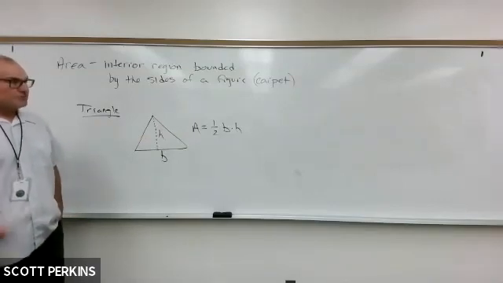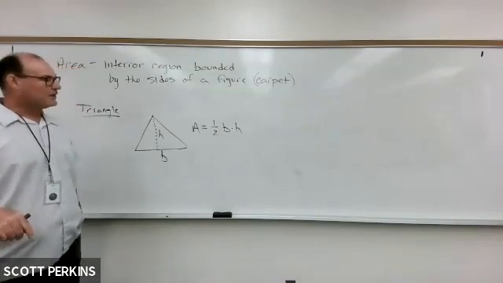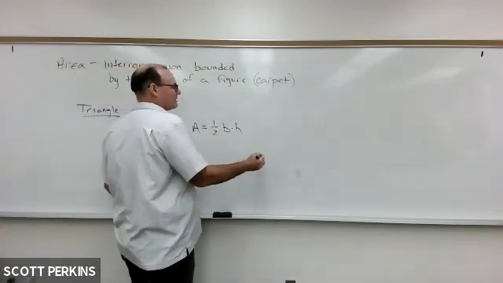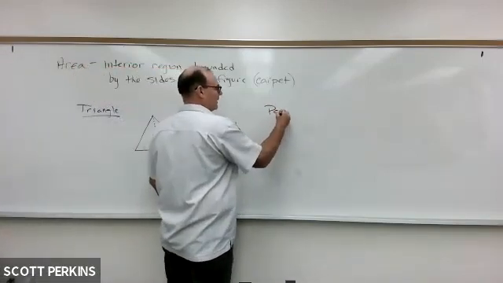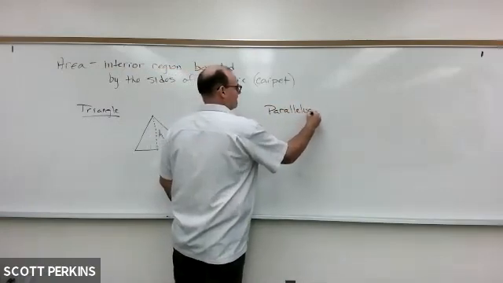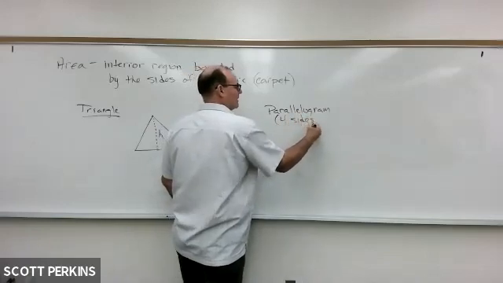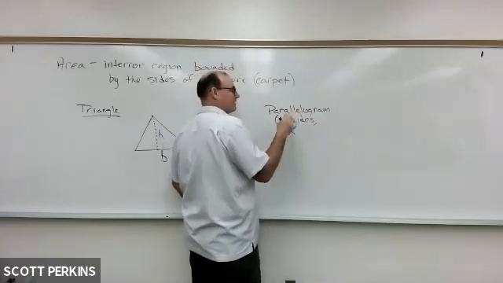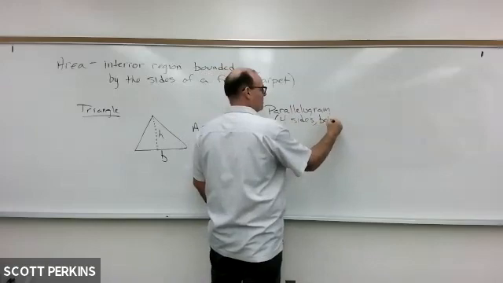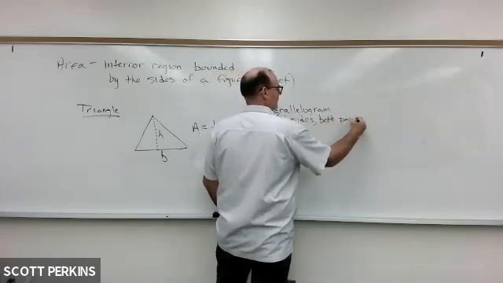Now, I'm going to give us a couple more figures. The next thing we're going to do is called a parallelogram. A parallelogram has 4 sides. And the special thing about a parallelogram is both pairs are parallel.